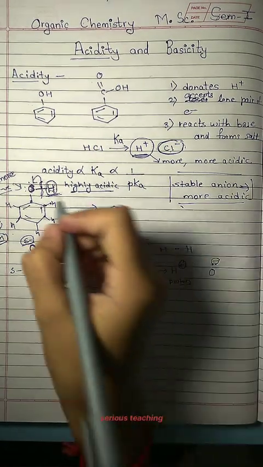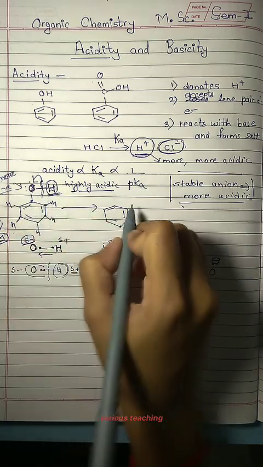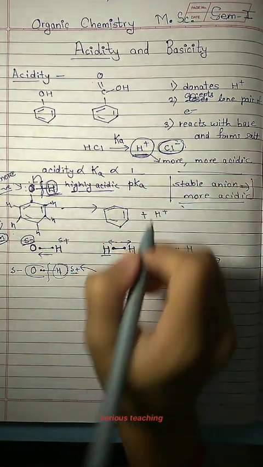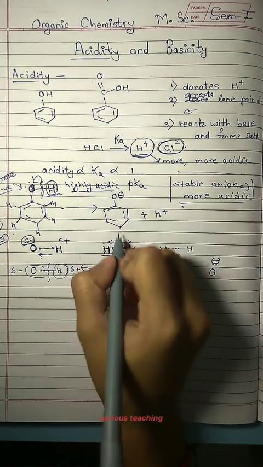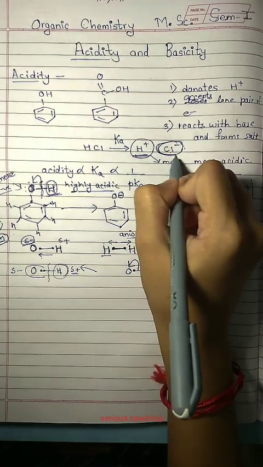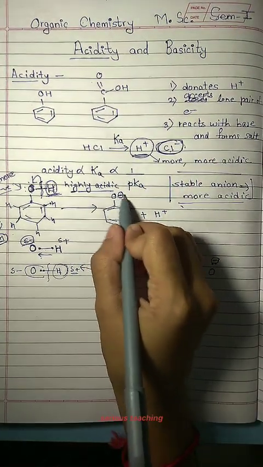We have to use this concept here. When dissociation is taking place, H plus is removed, which is taken by some other compound, and we get O minus. So this is an anion. Like here we had got the Cl minus anion, similarly here we are getting the phenolic anion.